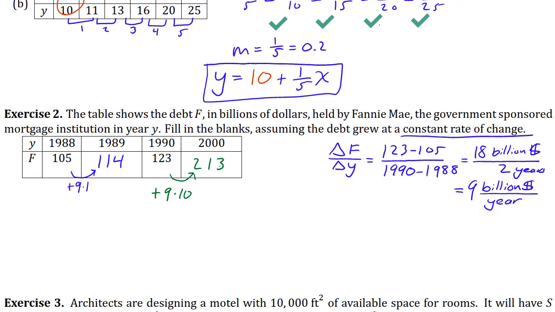The other way is once you have the slope of it here, you can use point slope form. We could say f equals f0 plus the slope times y minus y0. The f0 you could use as 105, and the y0 could be 1988.